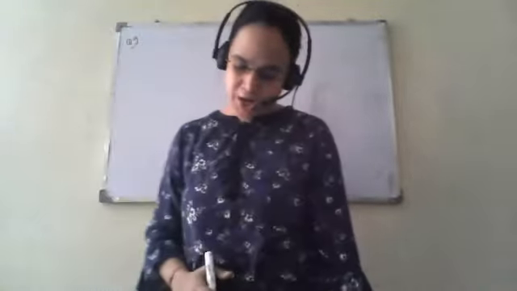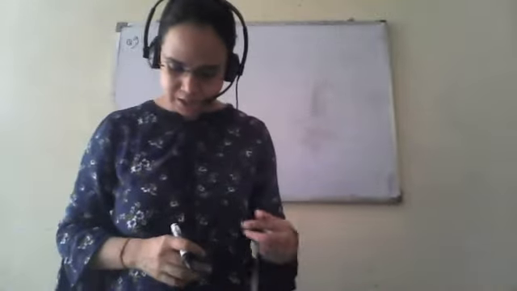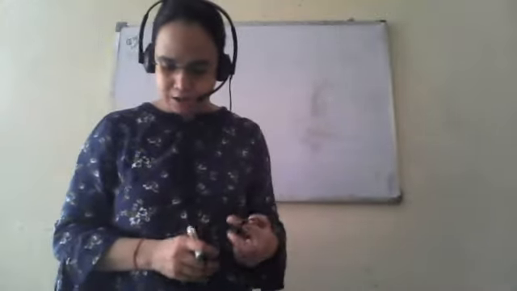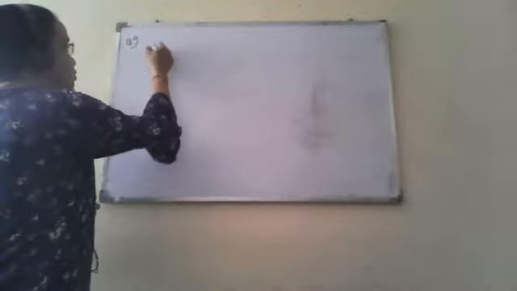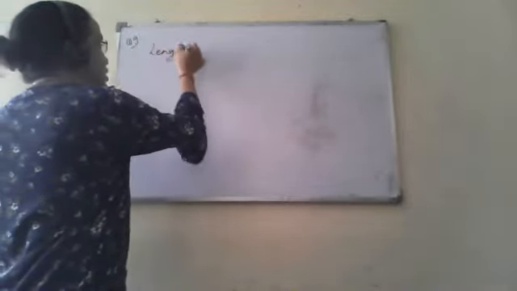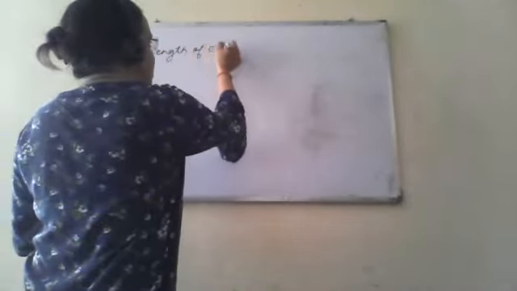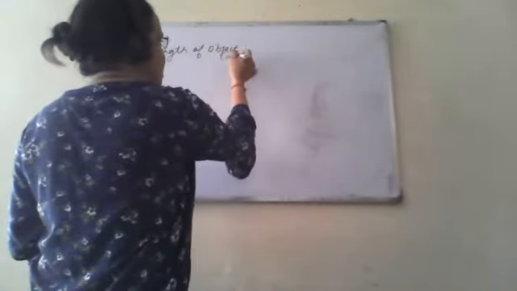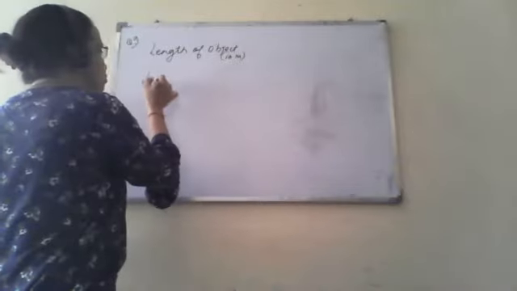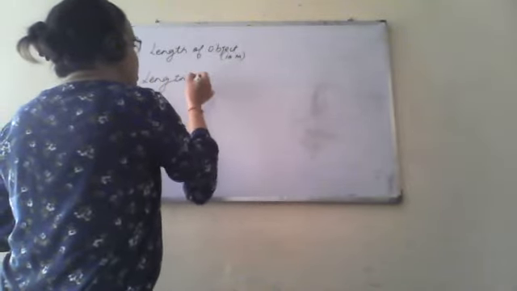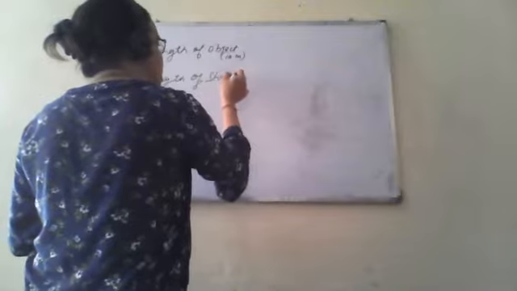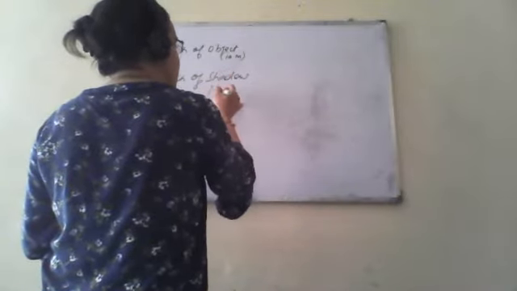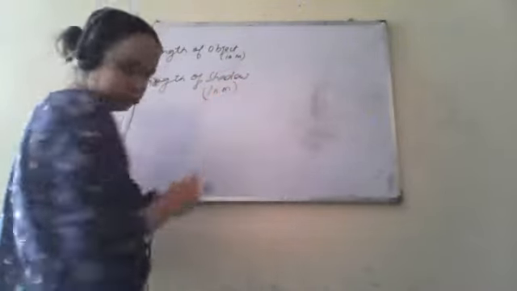Okay, so this is two things: length of object, that is in the first case a pole, and length of shadow. So we have two things, length of object, which can be written in meters, and length of shadow, in meters.